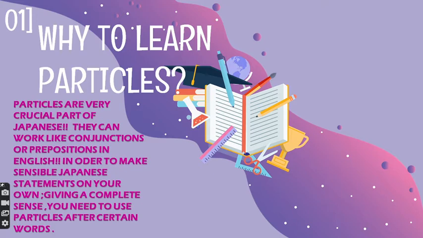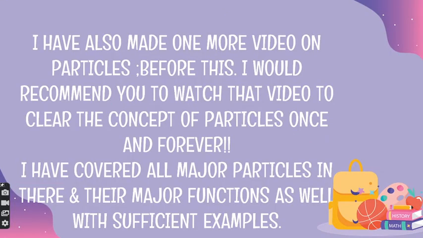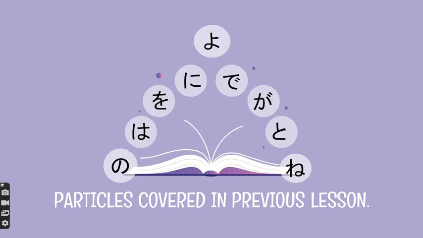So in order to know particles, you can check out my videos. I have made summarized videos on all the major particles which beginners must know. So check that video in case you need help, okay? You can check those out for reviewing the concepts, and major particles are covered in them.